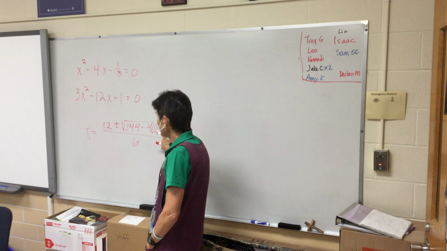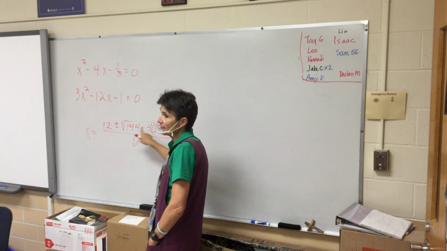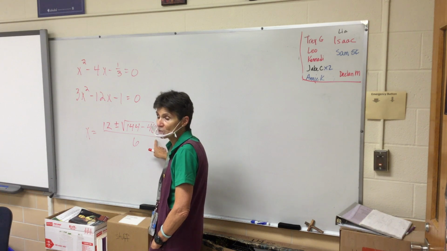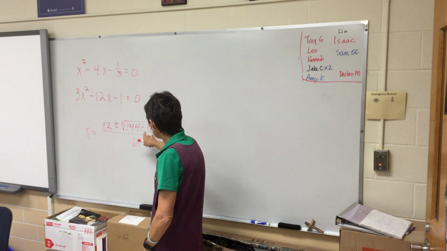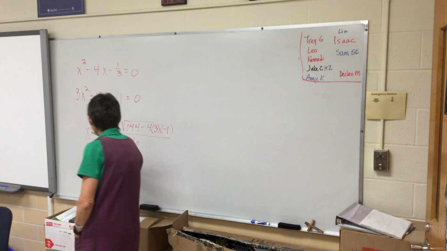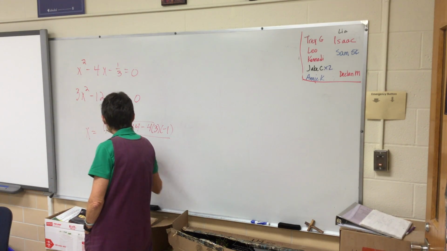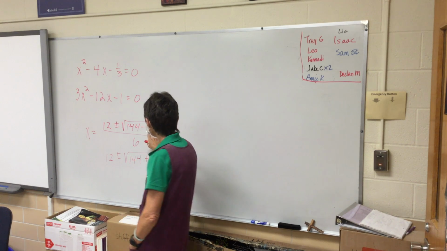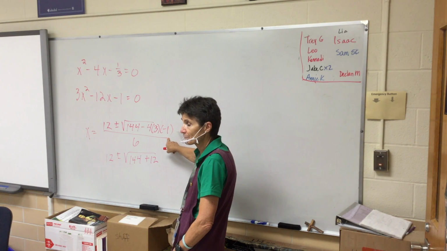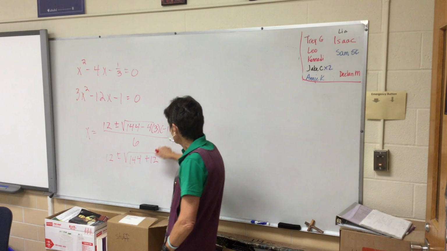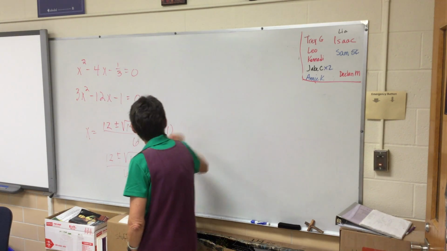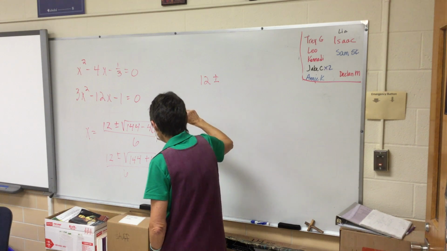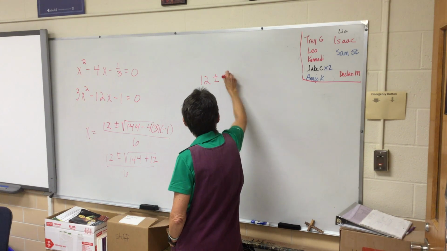A negative and a negative, what operation am I going to end up doing under here? I'm going to add, because you have a double negative. So I have 12 plus or minus the square root of 144 plus 12, 4 times 3 times 1, which is going to give me 156 under there.